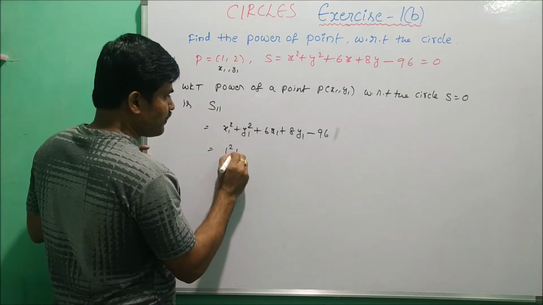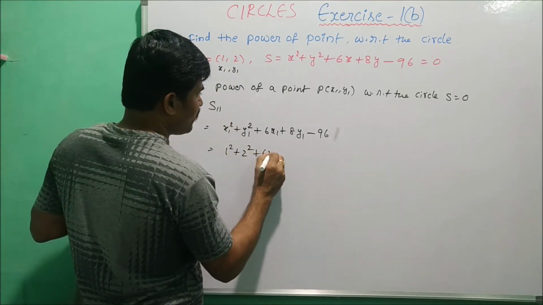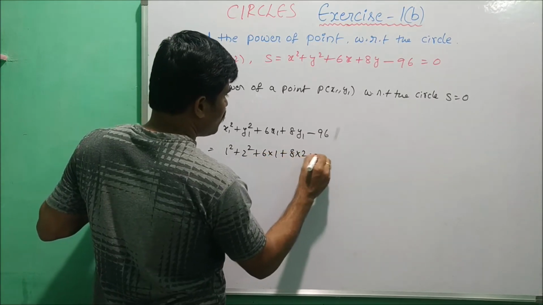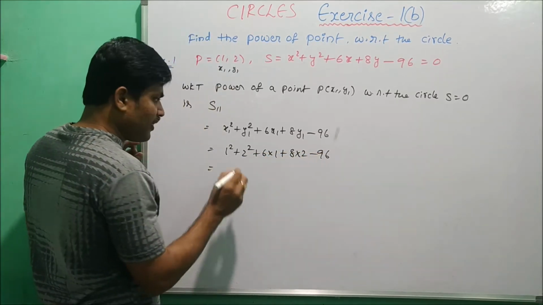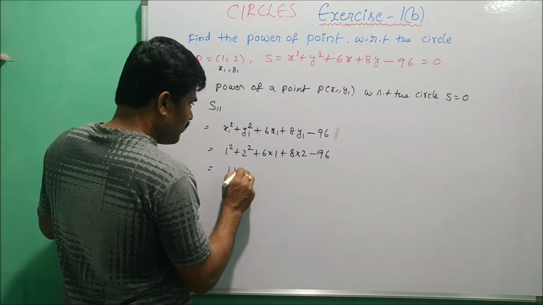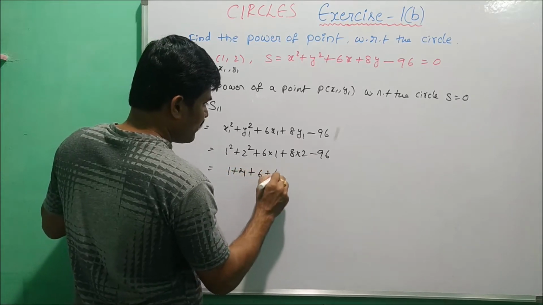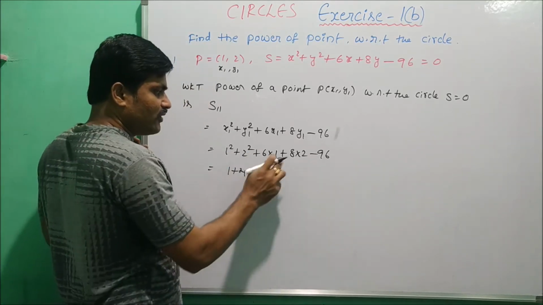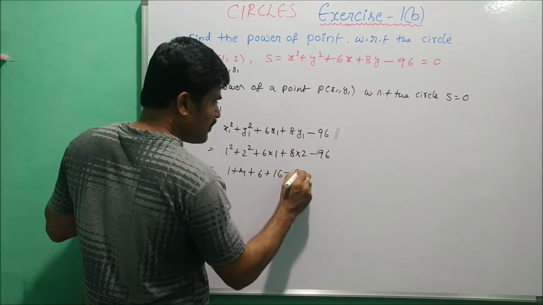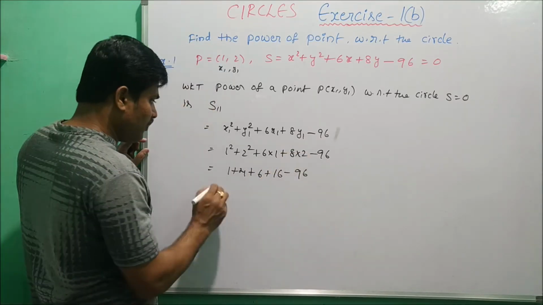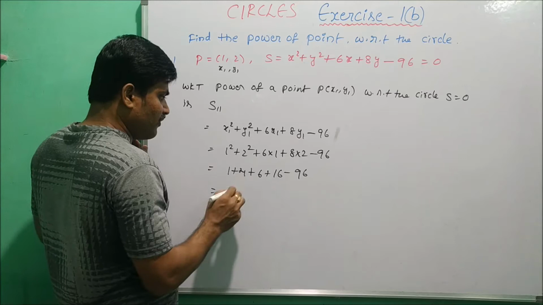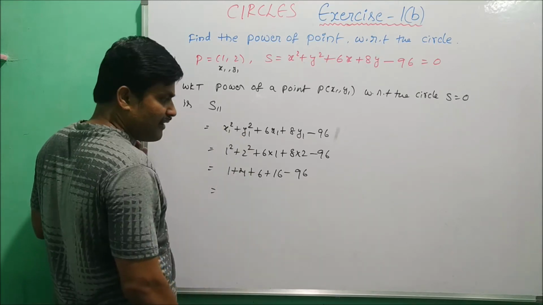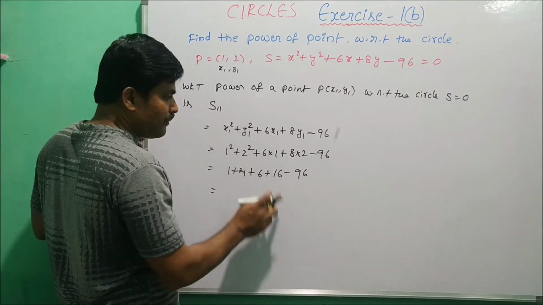So 1 square plus 2 square plus 6 into 1 plus 8 into 2 minus 96. Now here the value is 1 plus 4 plus 6 plus 16 minus 96. The sum of positive values is 27.